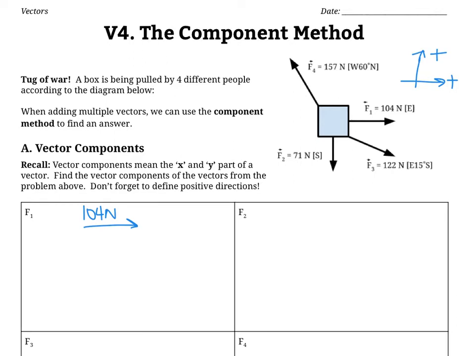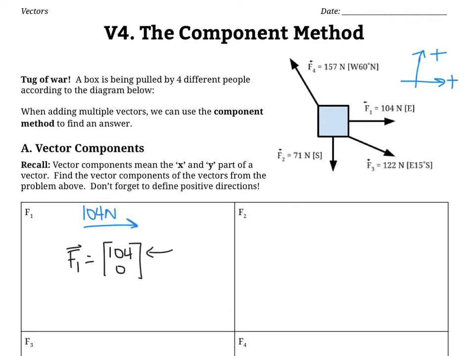So going back down here to this vector, 104 newtons east, what are the components of that vector? The way we express components is we would say that F1 is equal to the x component over the y component. So the x component is just 104, and that's in the positive direction, and the y component is 0, because there's no part in the y direction.